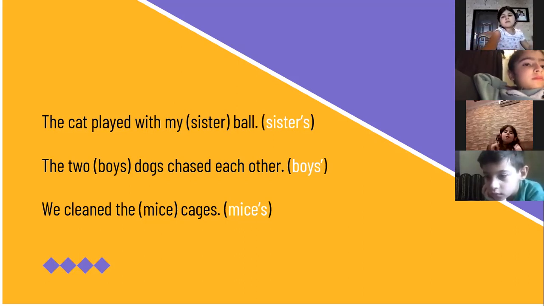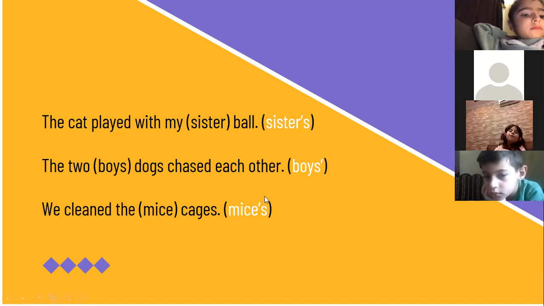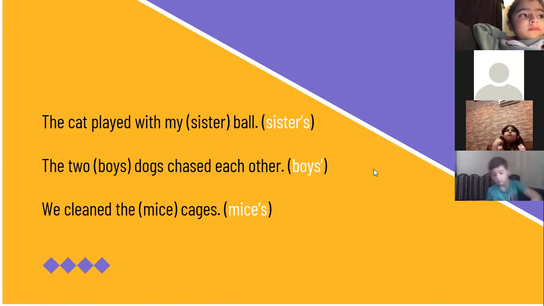We add an apostrophe after the final S. I'm going to repeat it very carefully and slowly. To make a singular noun possessive, we add an apostrophe and an S. We add the apostrophe before the S, okay? But to make a plural noun possessive, we add an apostrophe after the final S. Don't mix up, it's very important.